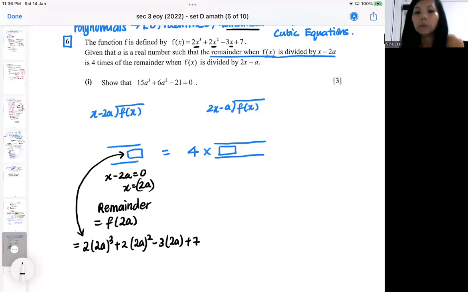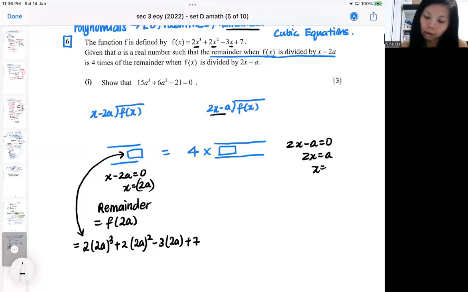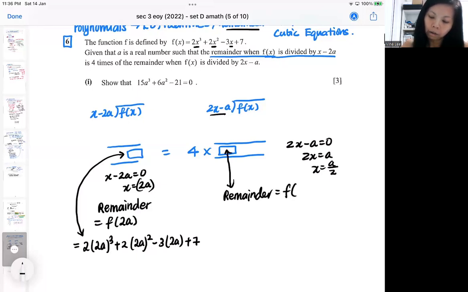Then what about the other remainder? So we do the remainder theorem one more time. Set the divisor to 0. Get your x. The remainder in this situation will be f(a/2).